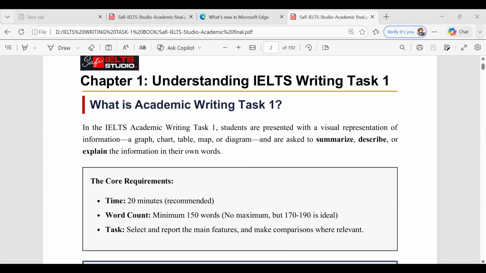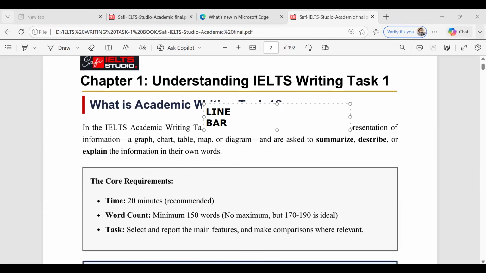So IELTS Writing Task 1 is a visual representation of information. These are the graphs we will study, inshallah. Let me write the names. The first one, we will study line graph. Then we will talk about bar chart.